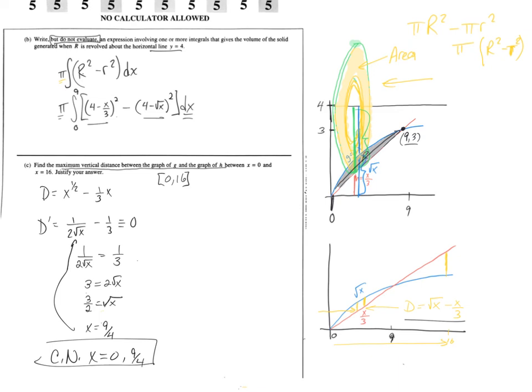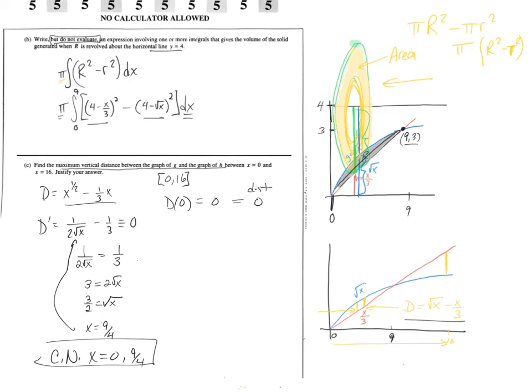Luckily, our endpoint is one of our critical numbers, so we can do d of 0. If we put 0 in the original function, we get 0, which means our distance between the two is 0.